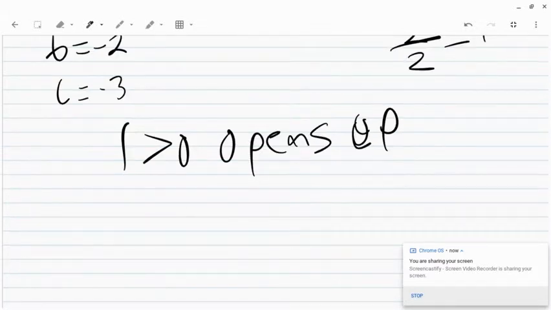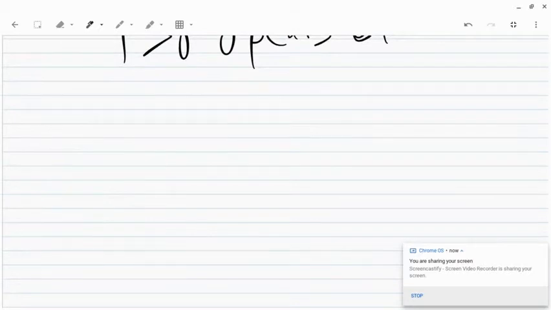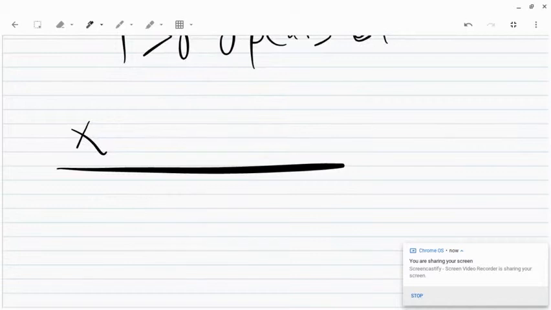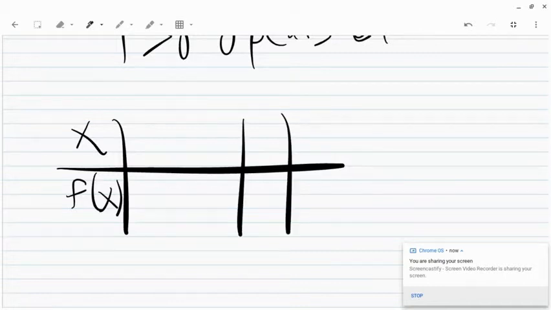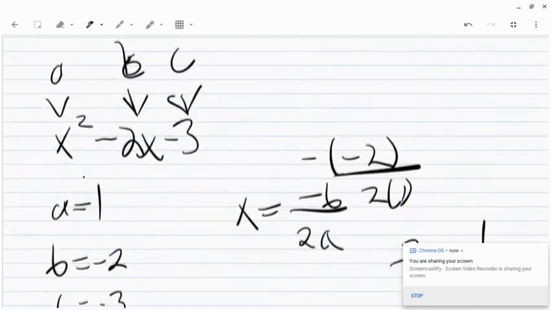Now we do our x and f of x value table. Same process as the first time, nothing different. And then you put 1 right here, and now we plug it into the equation once again.